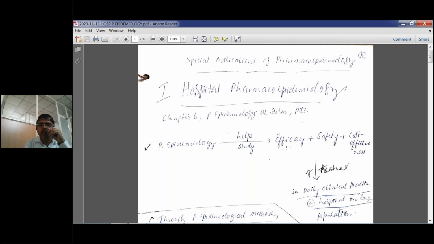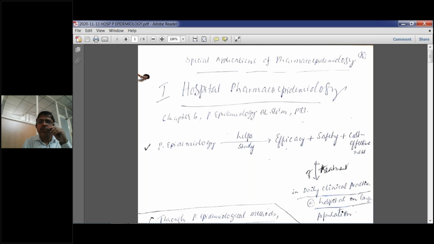Pharmacoepidemiology helps to study the efficacy, safety, and cost effectiveness of the treatment in daily clinical practice at hospital in a large population. Okay, this is known as hospital pharmacoepidemiology.